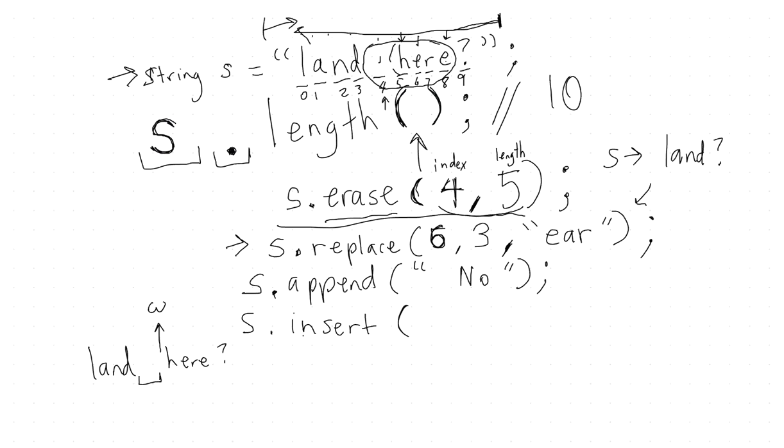The index that I want to start from would be where the white space is, so that would be index 4. And I would just pass in W. I think you can also pass in a character, but that's something you can look up on your own.